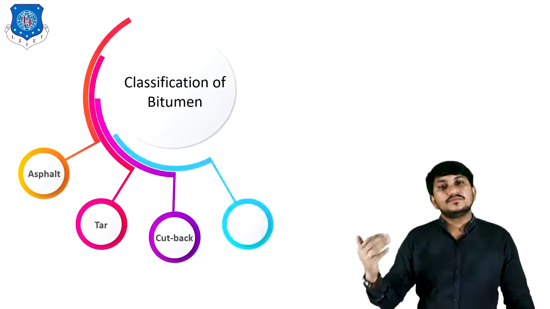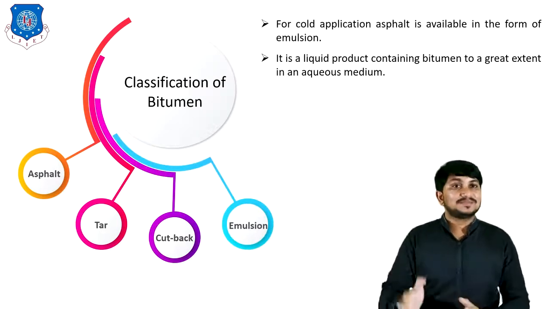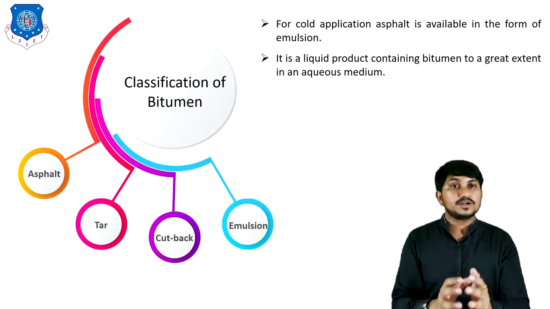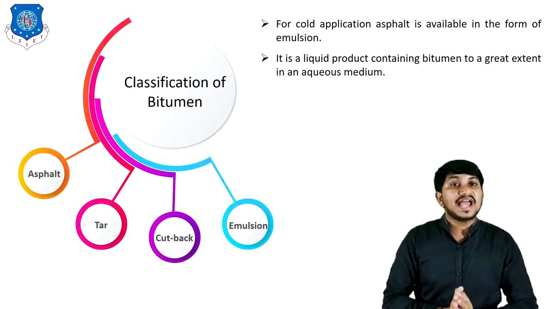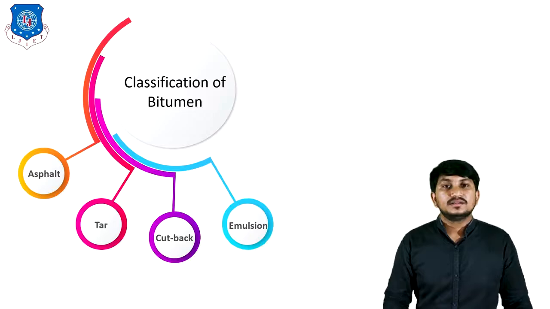Fourth is emulsion. For cold application, asphalt is available in the form of emulsion. It is a liquid product containing bitumen to a great extent in an aqueous medium. Let's talk about the classification of bitumen.